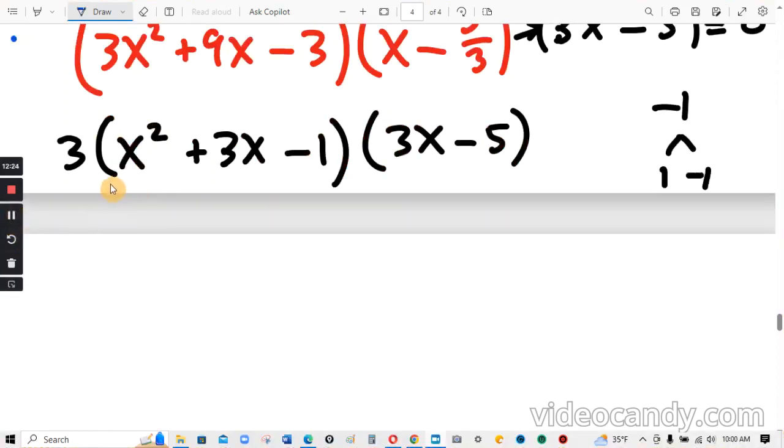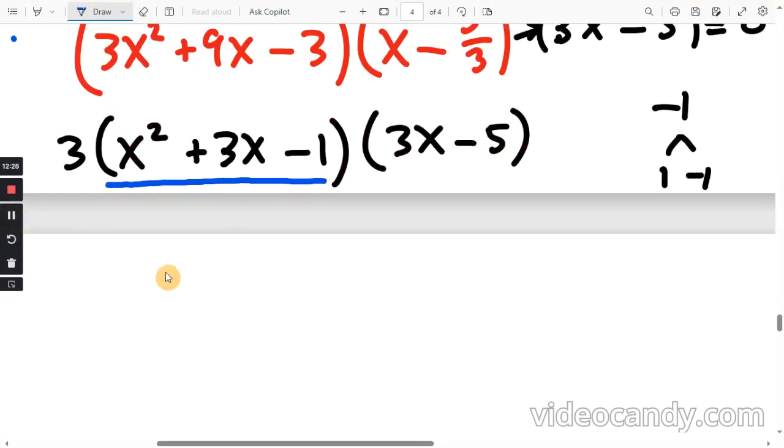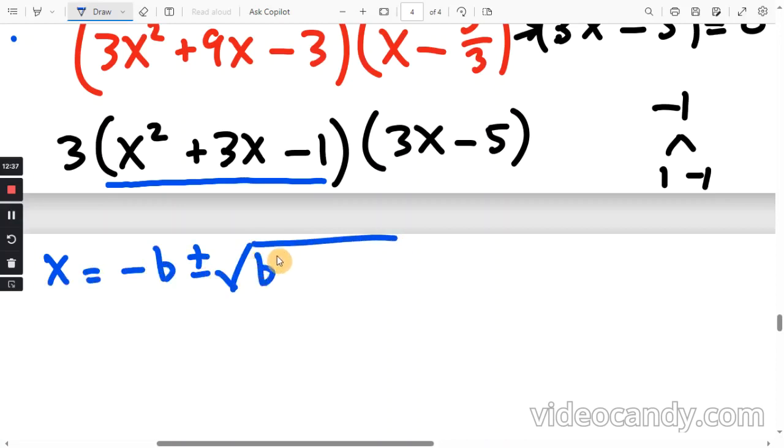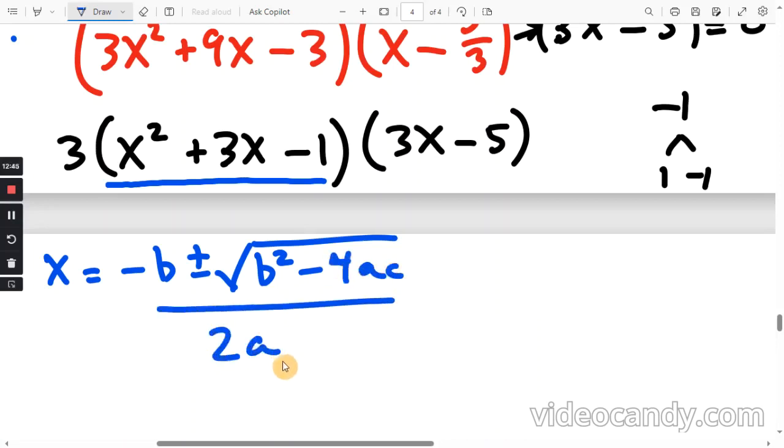All right, so for just this part right here, if we set this equal to 0 and solve for x, that's going to be negative b plus or minus radical b squared minus 4ac all over 2a. All right, this is ax squared plus bx plus c, right?